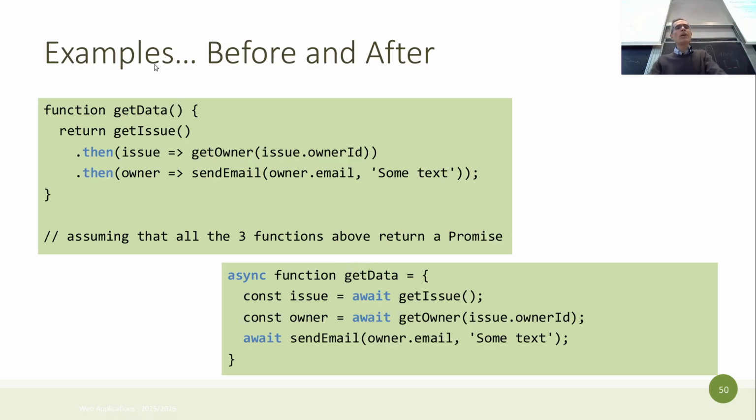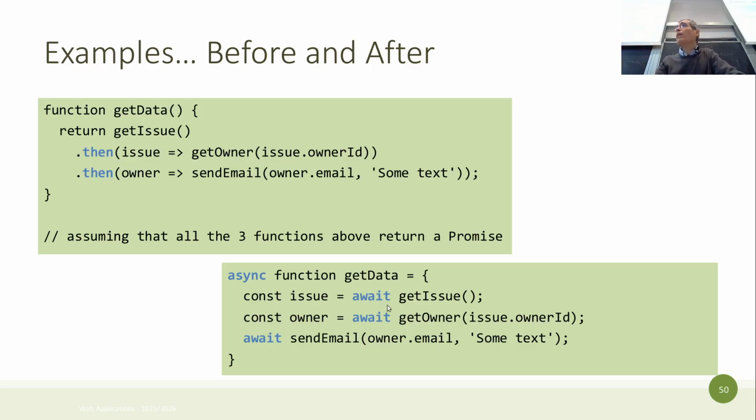Okay? For instance, compare these two functions. Get data, get issue, then issue, get owner, then owner, send mail, etc. And always remember that these callbacks have to return a value. Don't forget it. Okay? That's a very common mistake.